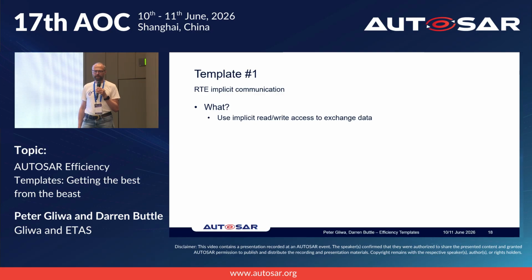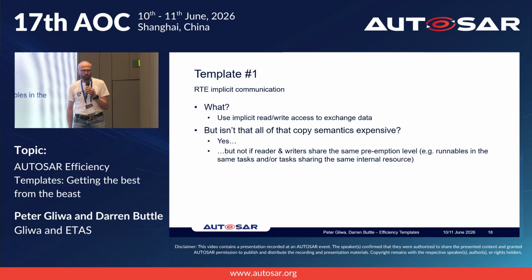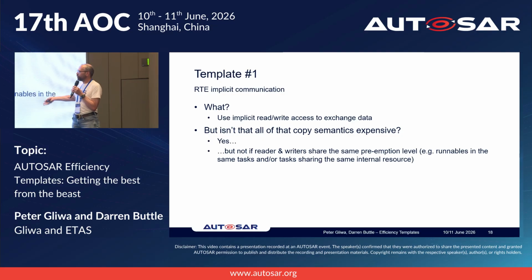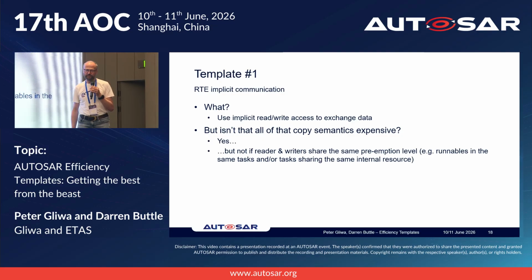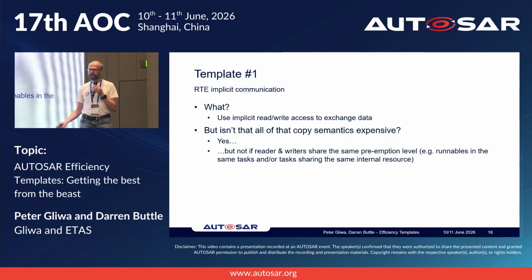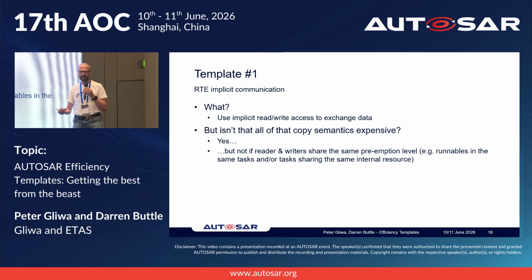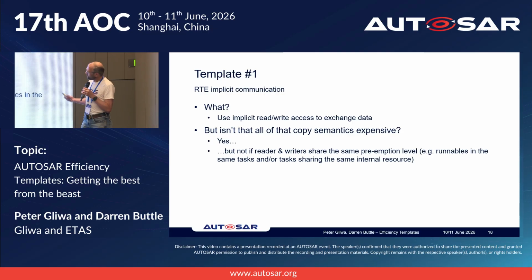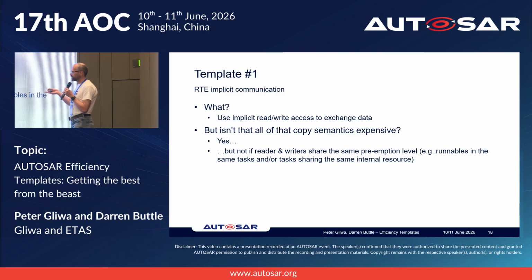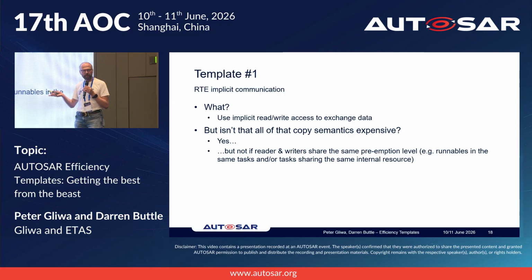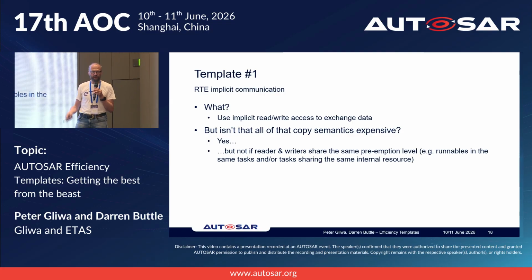So using implicit read and write access to exchange data. Why do we want to do that? Isn't all that copy semantics expensive? The answer is yes, if you always have to copy, but in most cases, you don't have to copy. If you look idiomatically at how things exchange data, you don't need to copy data all the time. As soon as you have a set of readers and writers that share the same preemption level, you don't need to get a copy.